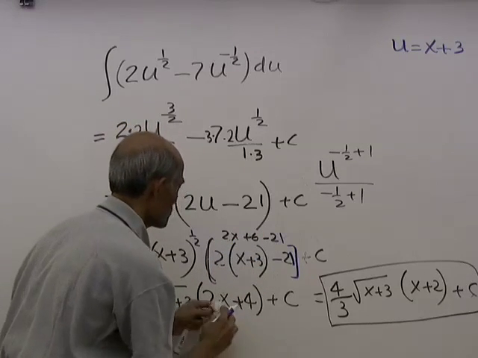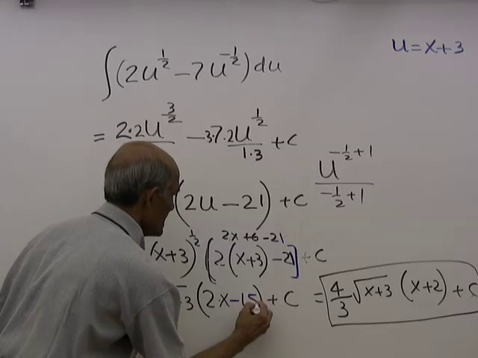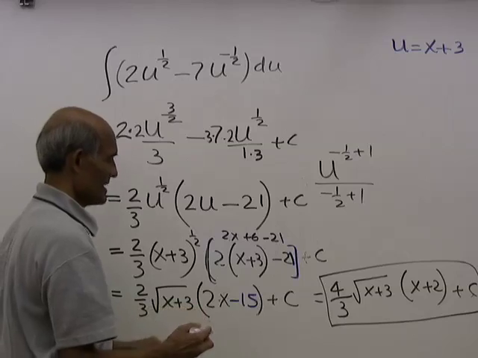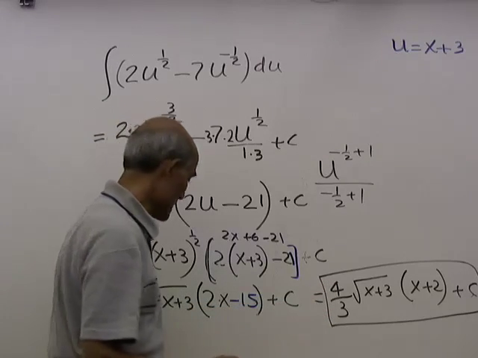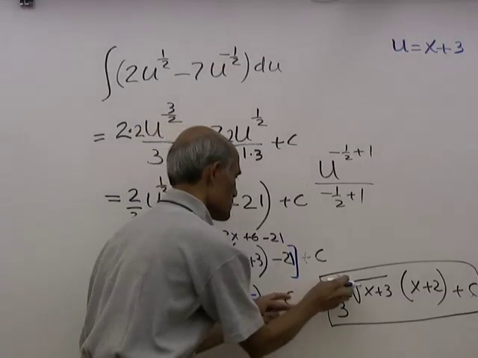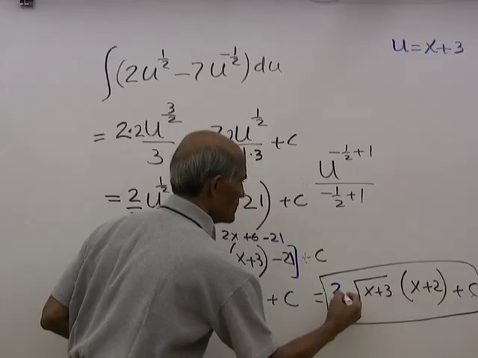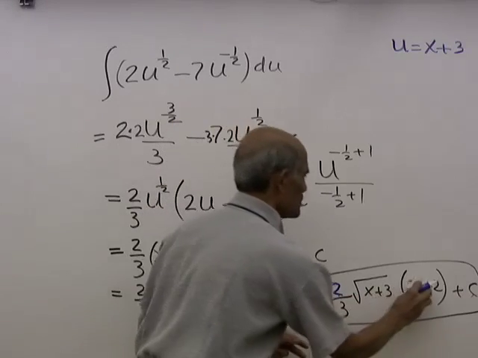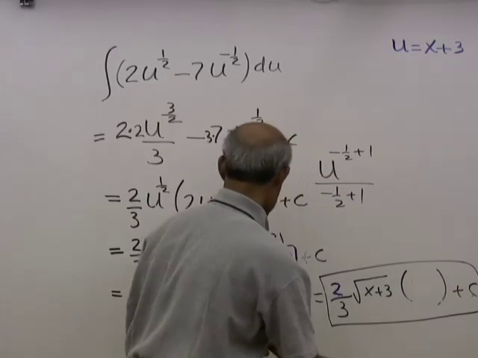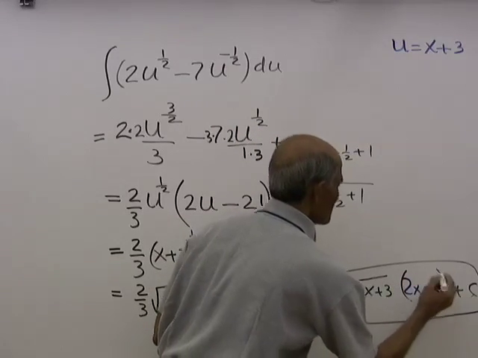So this will be 2x minus 15 plus c, and this will not be like that because this will not become 4, it will remain 2, and this will remain what? That will remain 2x minus 15.